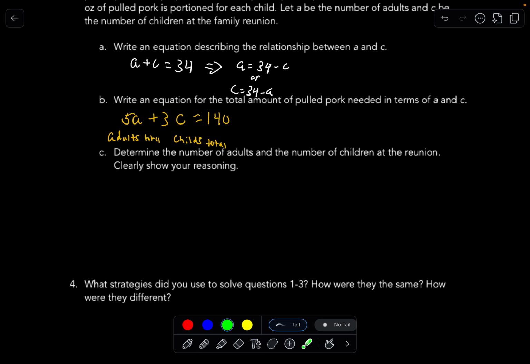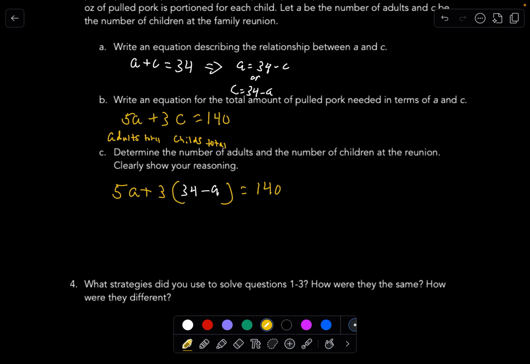All right, and for lack of anything better, I'm going to use the fact that C equals 34 minus A. So this bottom equation becomes 5A plus 3C, but remember, C is 34 minus A. And that's got to equal 140.